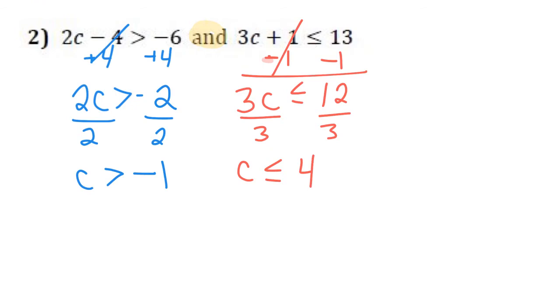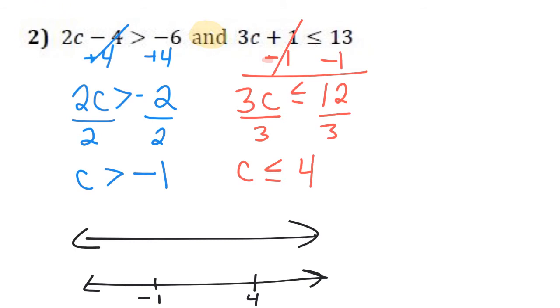Now, when I graph on my number line here, I've got a couple critical values, the -1 and the 4, and I'm going to put in just two working lines like I did last time just to sketch out. I think that helps me see what's going on. So the first one, I am not going to include -1, so I'm going to leave that as an open circle, but I am going to graph anything greater than, so to the right.